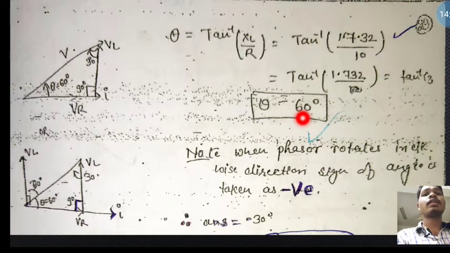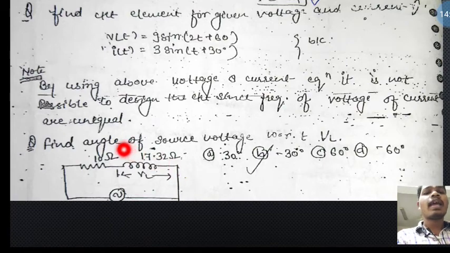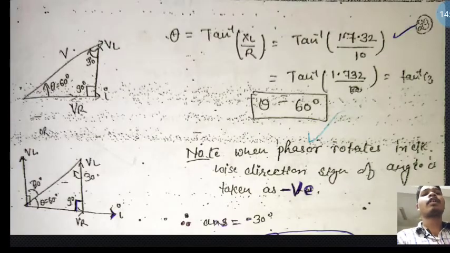But 60 degree is not our answer. It is asking to find the angle of the source voltage with respect to the VL. So source voltage is this and VL is this. So the angle between those two terms. When a phasor rotates in the clockwise direction, the sign of the angle is taken as negative.